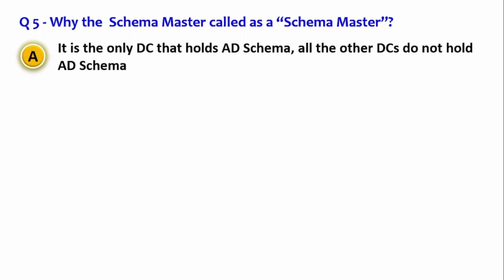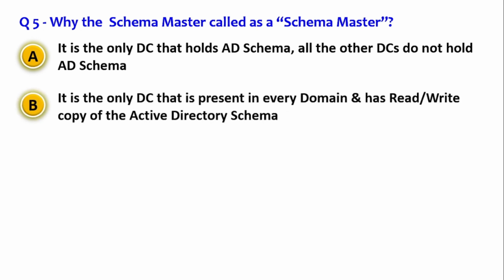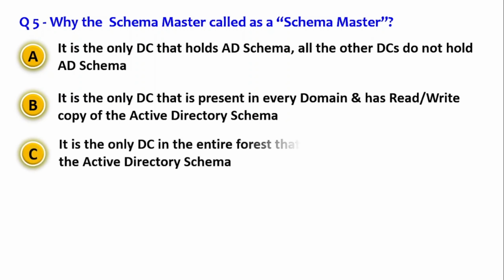Option A, it is the only domain controller that holds Active Directory schema. All the other domain controllers do not hold Active Directory schema. Option B, it is the only domain controller that is present in every domain and has read-write copy of Active Directory schema. Option C, it is the only domain controller in the entire forest that has read-only copy of Active Directory schema.